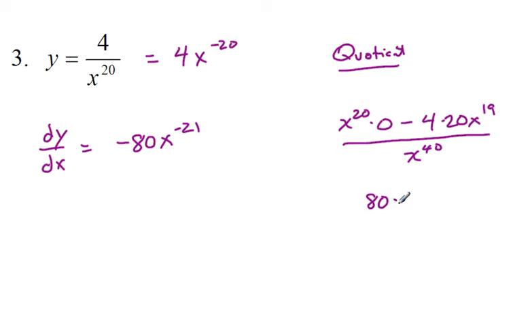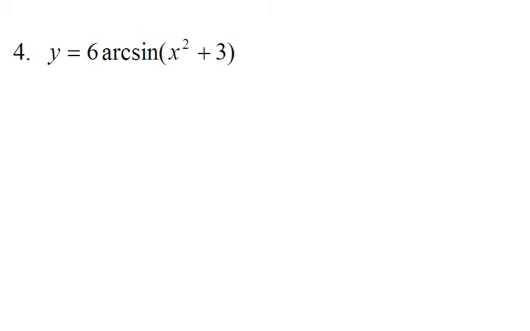So there's 80 x to the 19th over x to the 40th. A negative from the negative there, and then that cleans up to negative 80 over x to the 21st. And you'll see that it's the same answer we had here, but boy, did we do a whole lot more work. All right, in this next one, we just need to make sure we know the rule for arcsine.